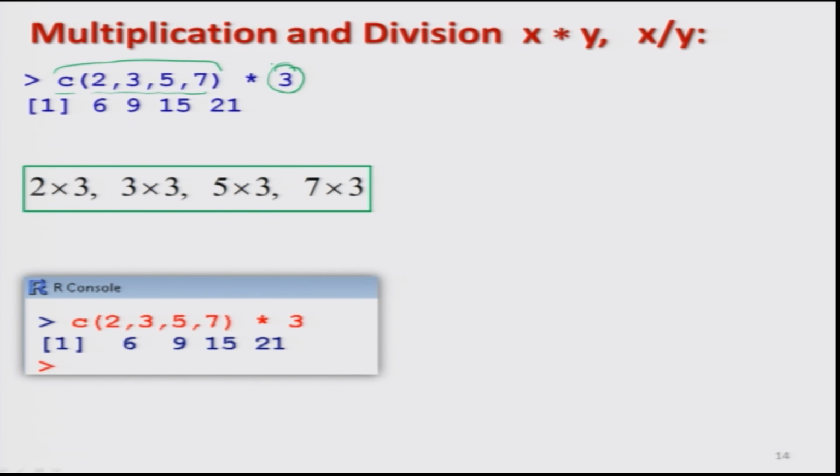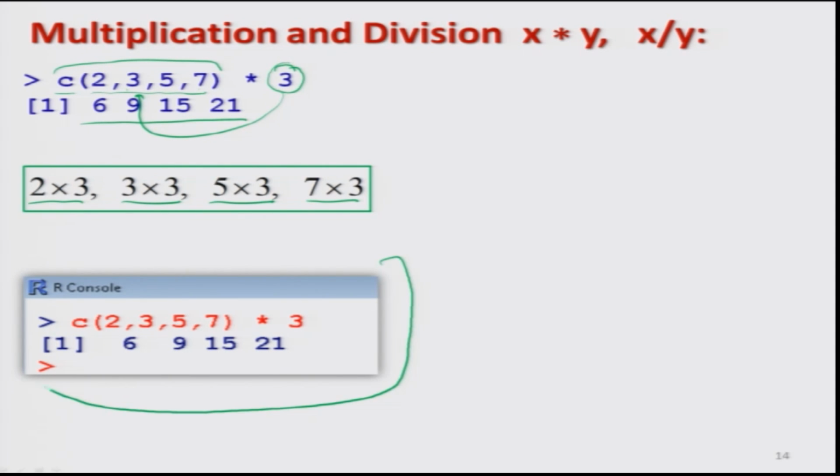You can see here, each of the elements 2, 3, 5 and 7 is being multiplied by the value 3. So, 2 is multiplied by 3, 3 by 3, 5 by 3 and 7 by 3, and this is the outcome that we are getting: 6, 9, 15 and 21, and this is the screenshot. So, you can be confident that I am going to get the same outcome.